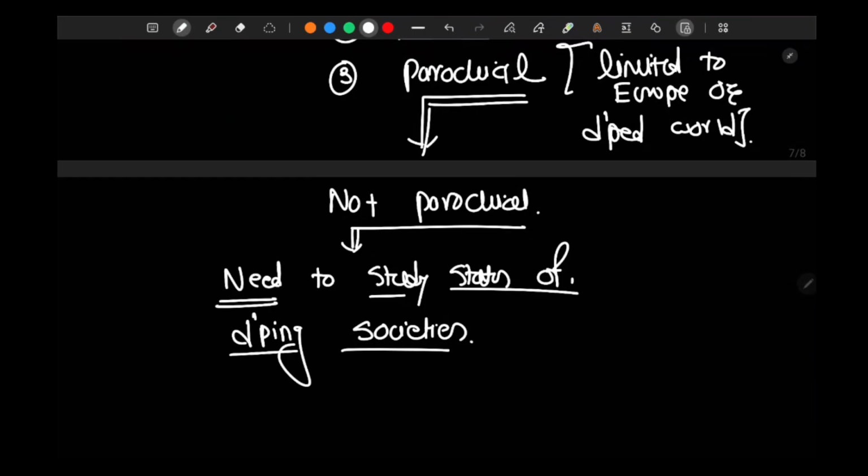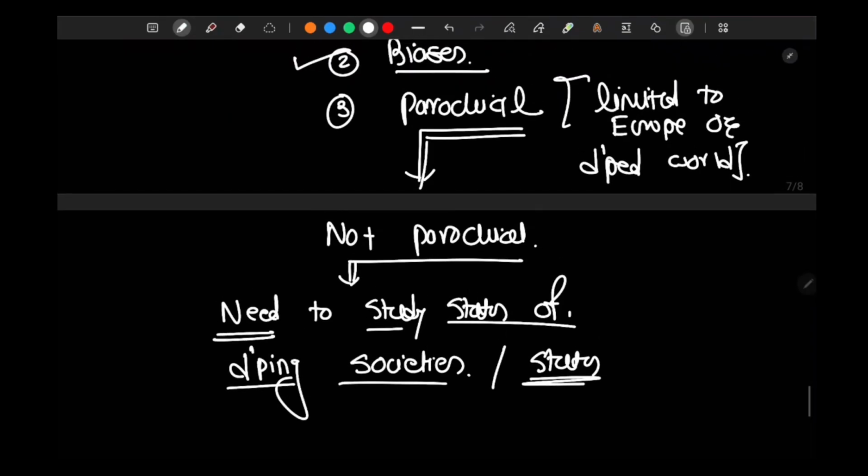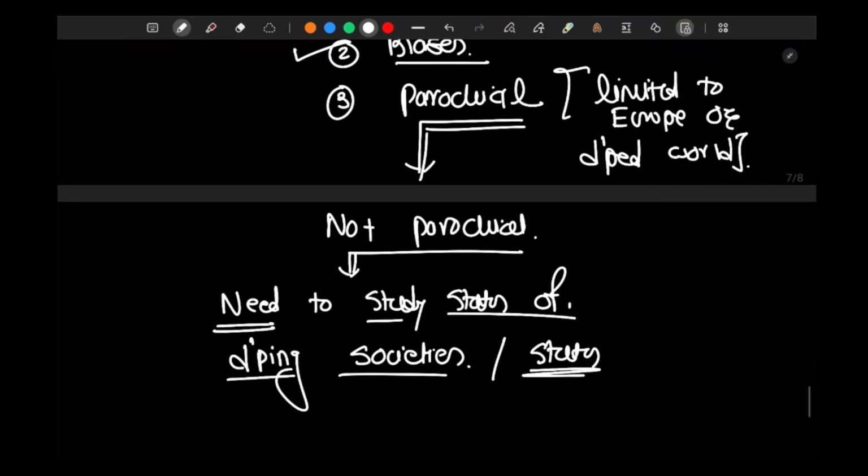So, what is the need of systems approach? First, as criticism and to solve limitations of traditional approaches, which is that it is static, full of biases, and parochial. And as it is parochial, systems approach is trying to develop a method to study developing societies, developing states. That is the idea, right?